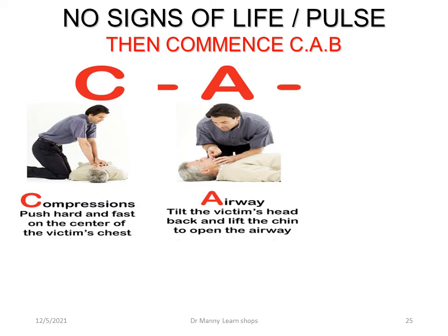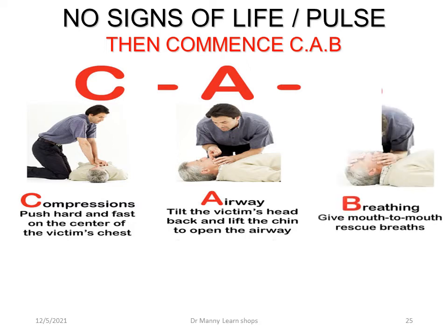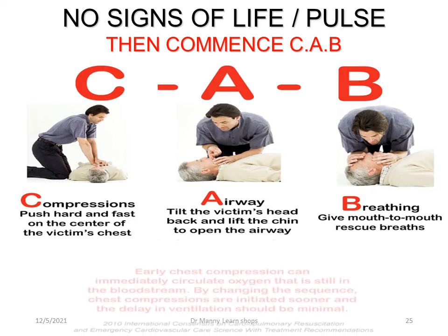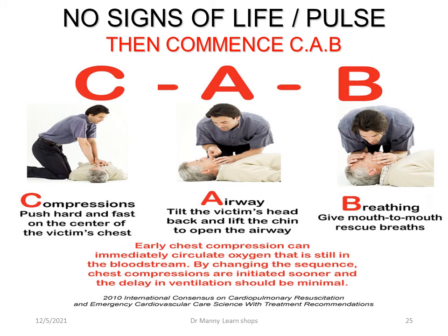The head tilt chin lift maneuver. B. Start breathing for them. Mouth to mouth. Bag mask ventilation if you have it. Mask to mouth if you have it. Early chest compressions can immediately circulate oxygen that's still in the bloodstream. By changing the sequence, CAB from ABC, chest compressions are initiated sooner and the delay in ventilation should be minimal.